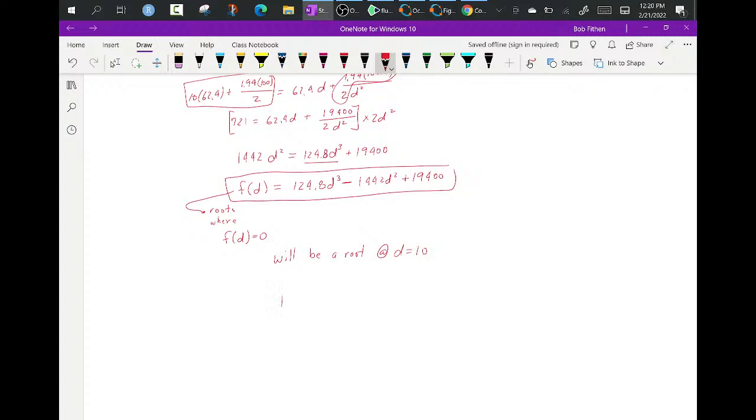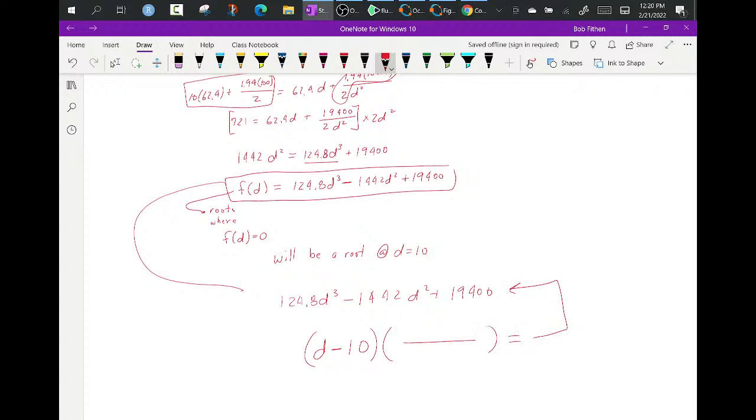So if you have this function, 124.8 d to the third minus 1442 d squared plus 19,400, and so you're going to say, I'm going to have d minus 10 times something is going to equal this.